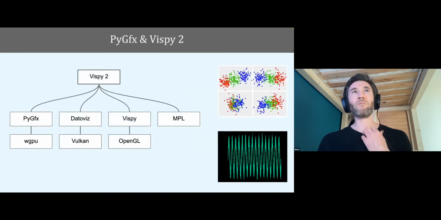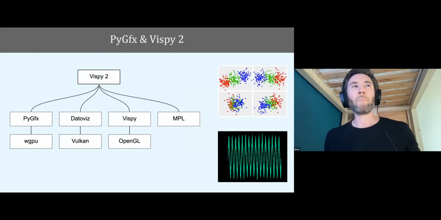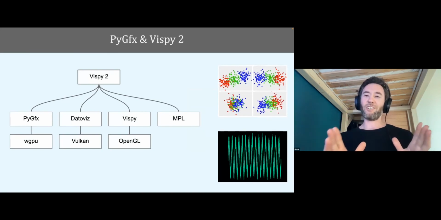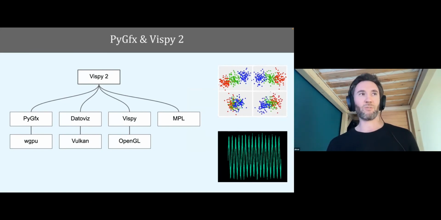So to circle back to VisPy, PyGraphics is a render engine. The API is much higher level than Vulkan or WebGPU, but of course a plotting API is yet another level. It should be much easier. Compared to that, PyGraphics is still considered low level.